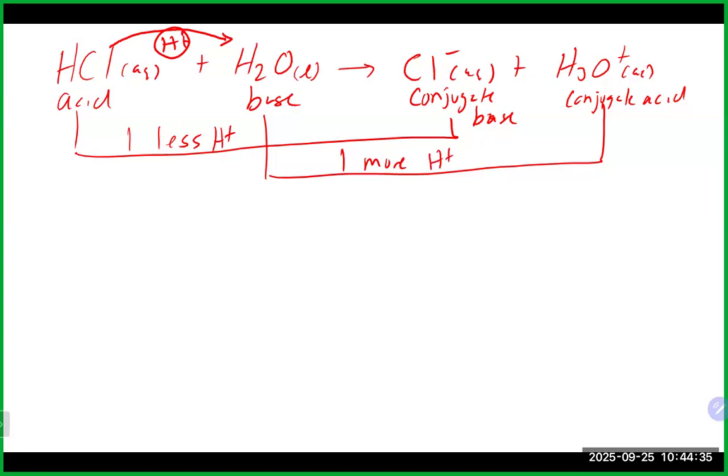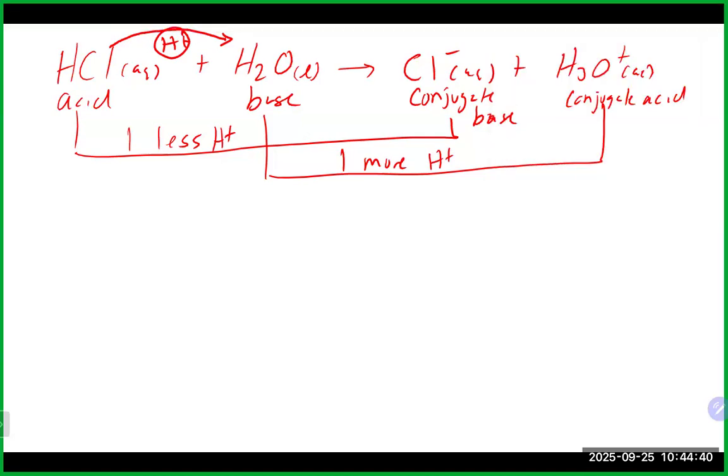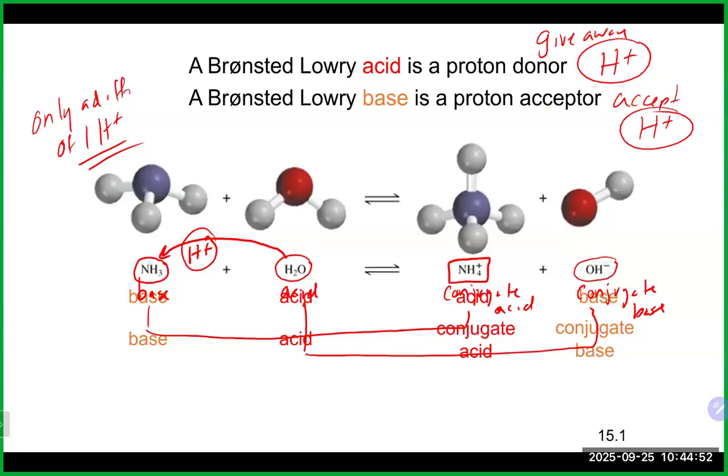We also see something here that we'll talk about as we go through this chapter. In this particular dissociation, what we see for water is it is acting as a base. But if we look at the one we just looked at on the previous slide, water in that case was acting as an acid.